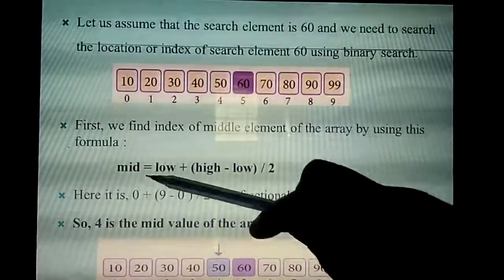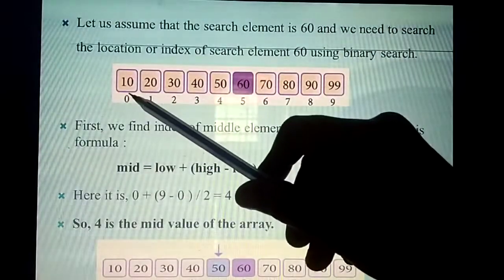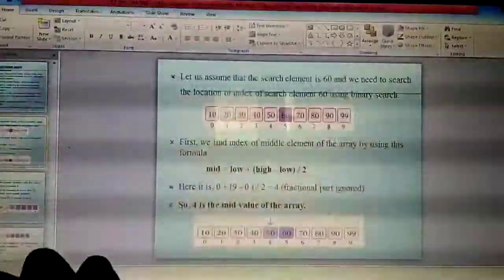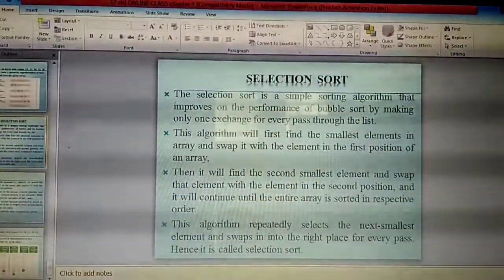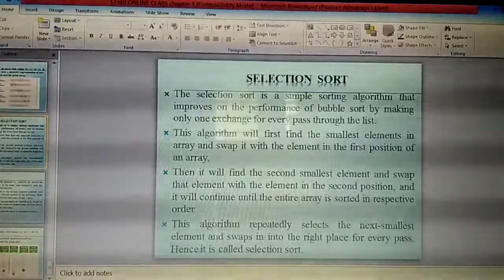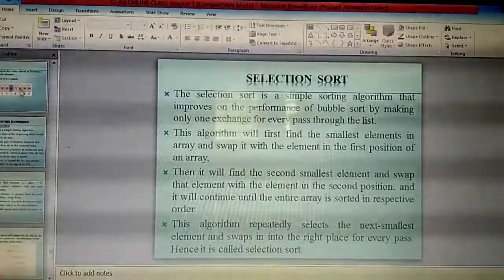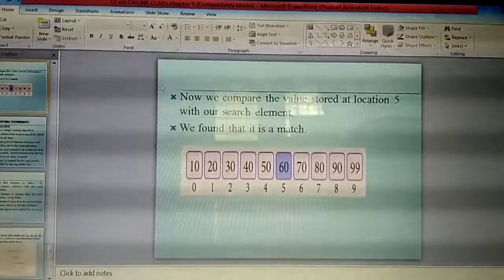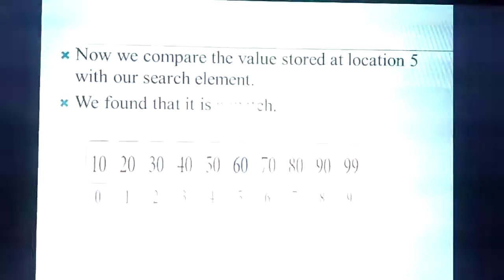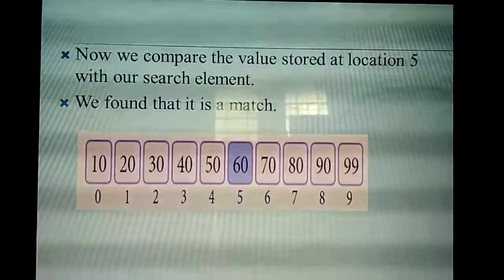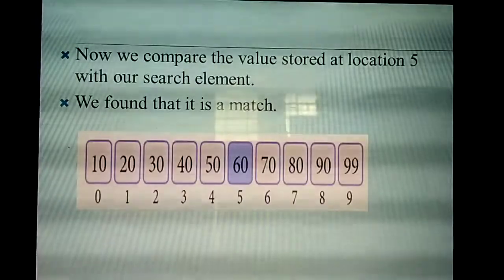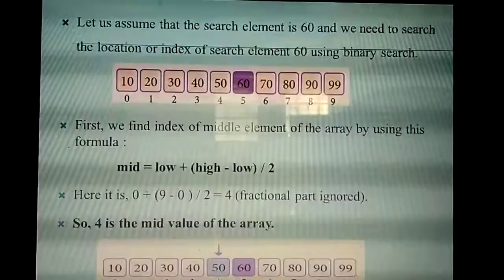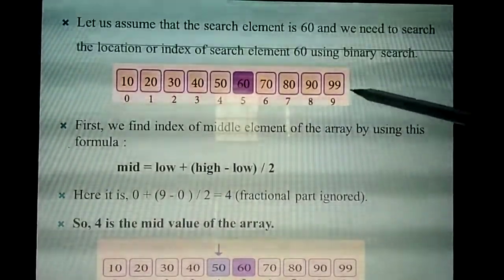Low means the lower index. Which is the lowest value? 0. Which is the highest value? 9.